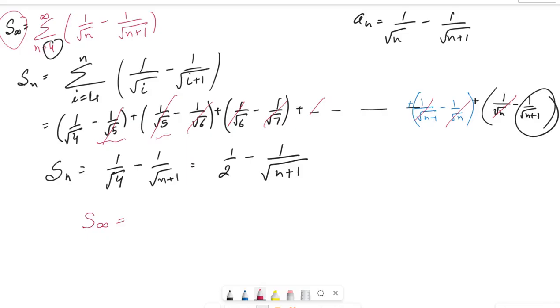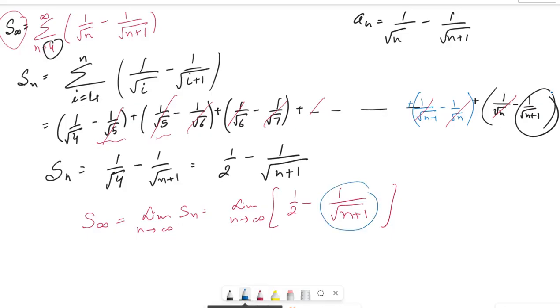S infinity is the limit as n approaches infinity of S_n, the limit of 1/2 minus 1/root (n+1). As n approaches infinity, n+1 will approach infinity, the square root of n+1 will approach infinity, and this term will approach 0. So we have the answer 1/2. The given series converges to 1/2.